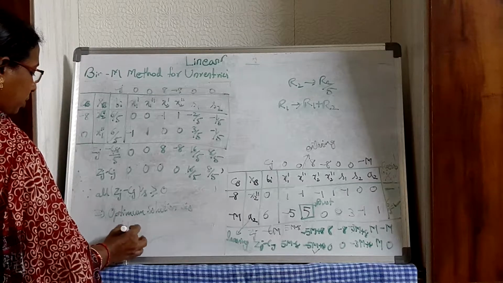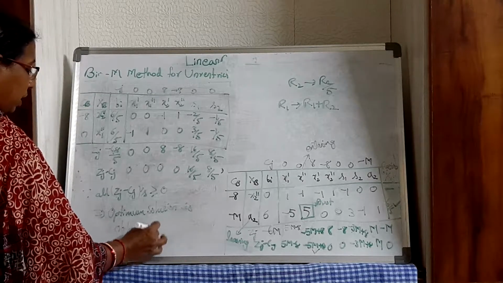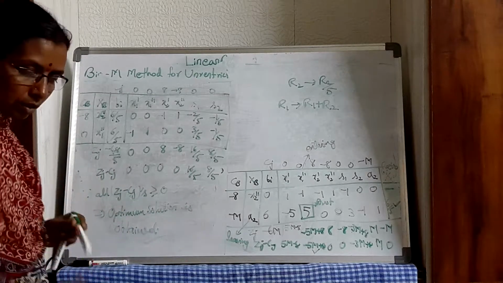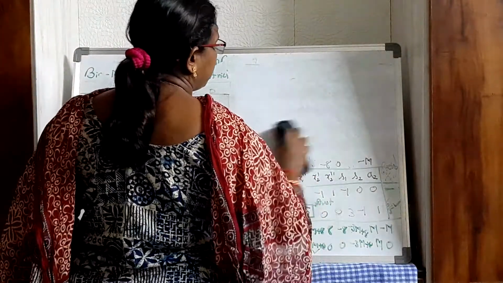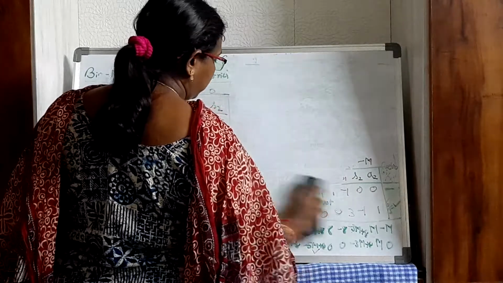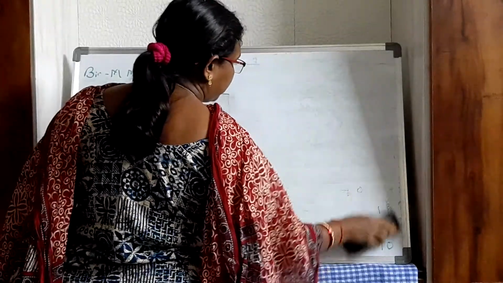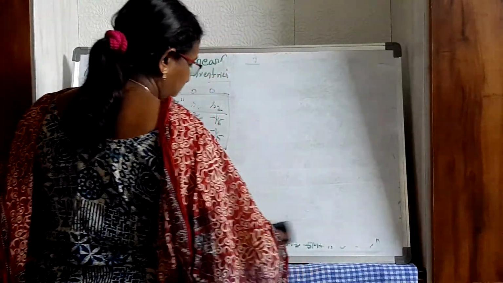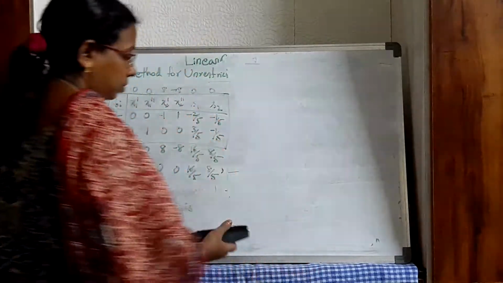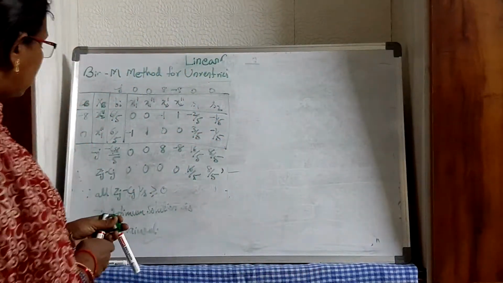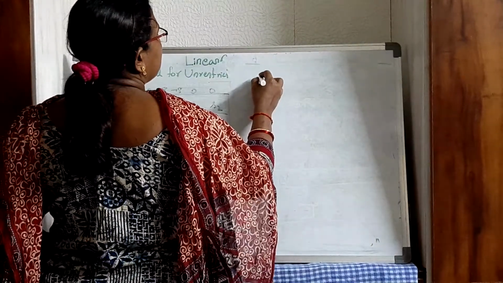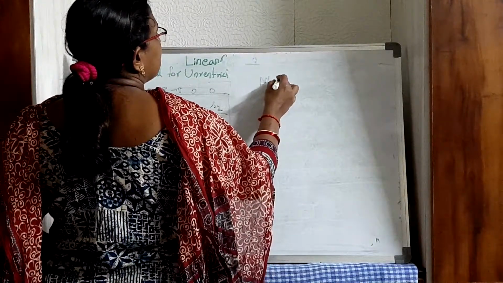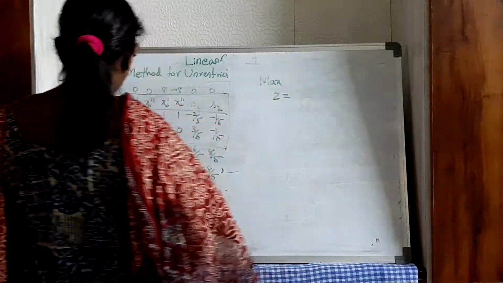Now what is that optimum solution? That we have to read. That I'll write here. So here maximize Z is equals to, how much you got?